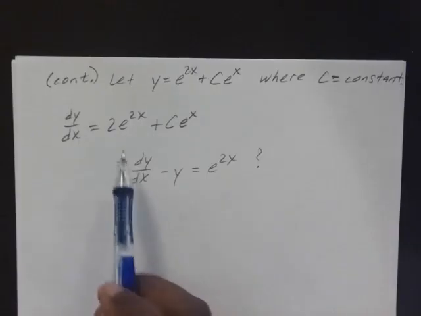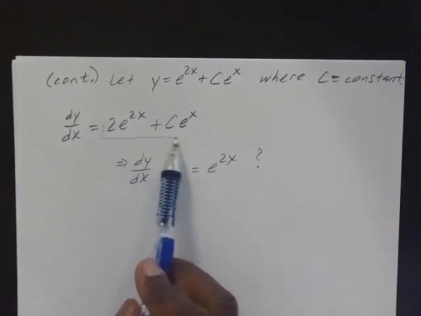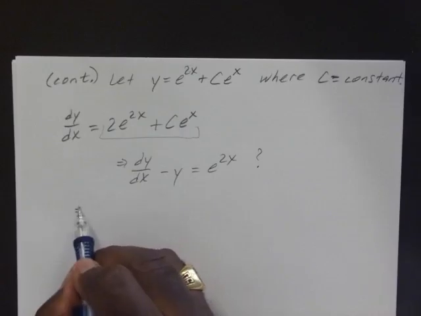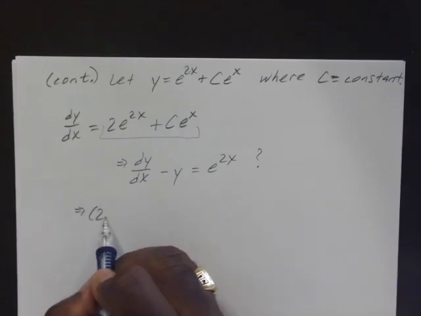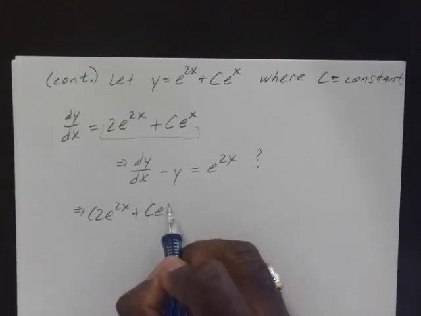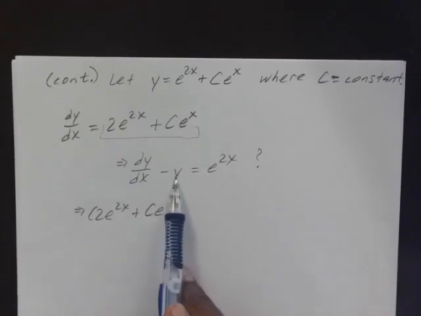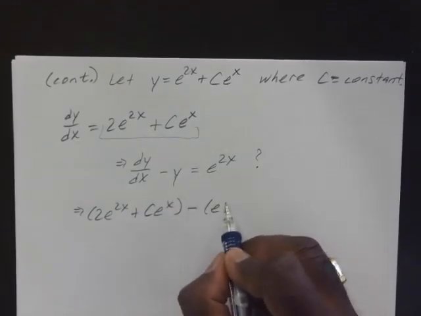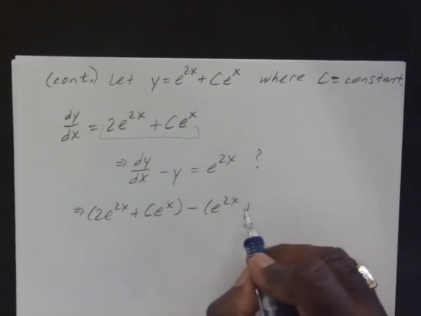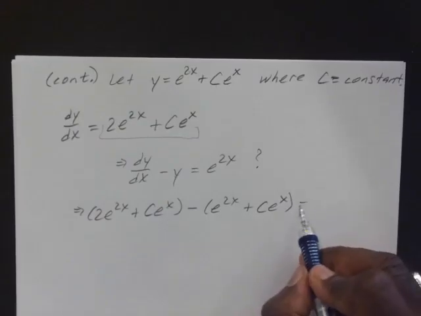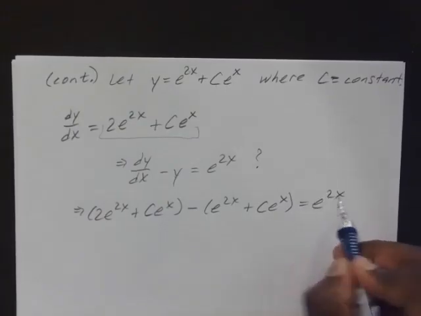So your dy/dx, we're just going to replace that with 2 times e to the power of 2x plus c times e to the power of x, minus y, well, that y, we're going to replace that with e to the power of 2x plus c times e to the power of x. We want to know if that equals e to the power of 2x.